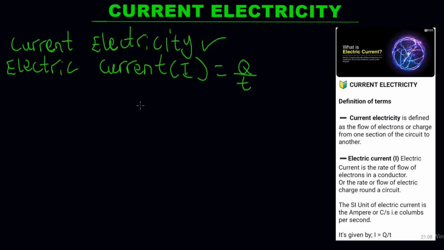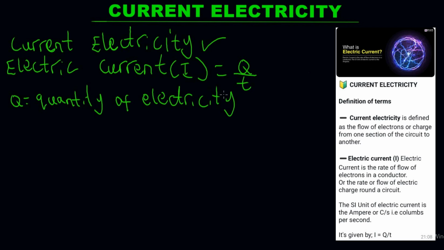where Q is the quantity of electricity, and T is the time that this quantity of electricity flows, per time.